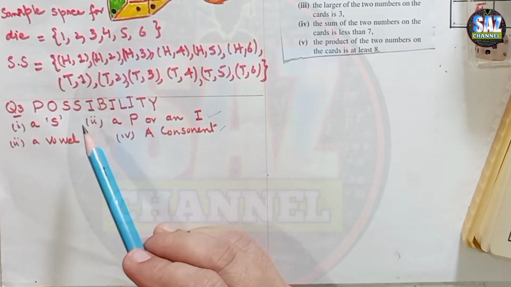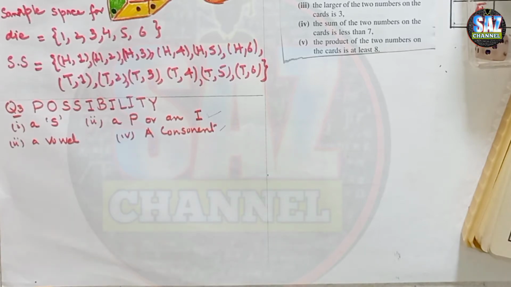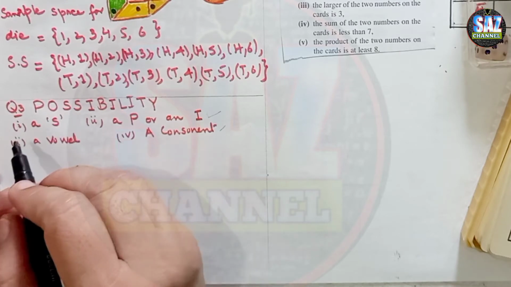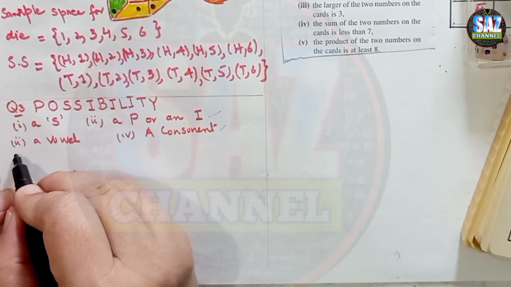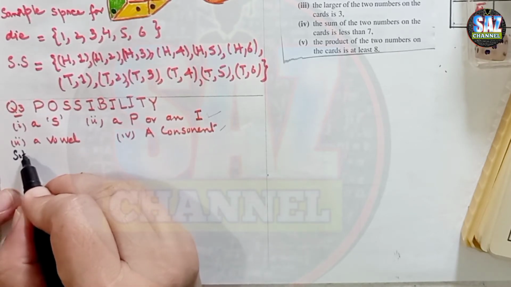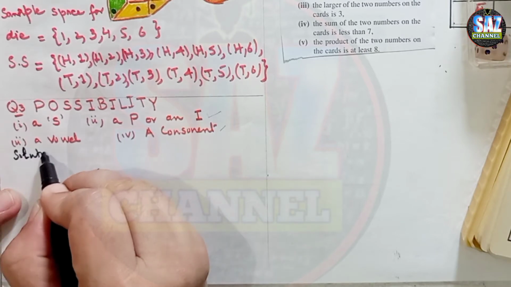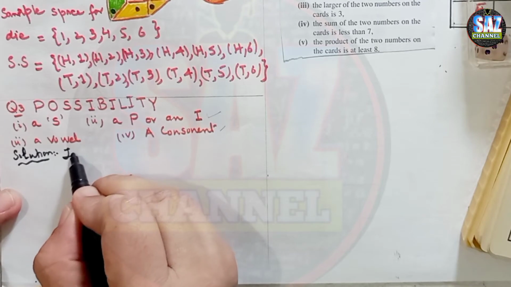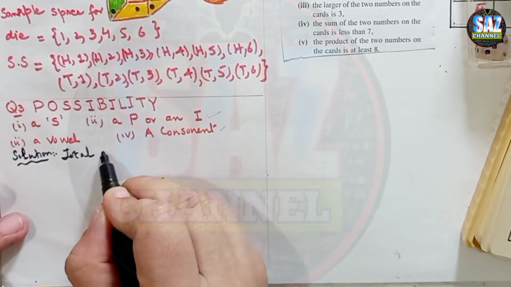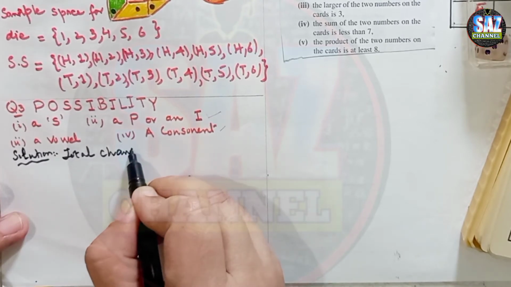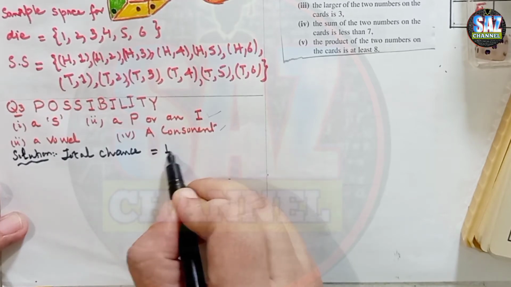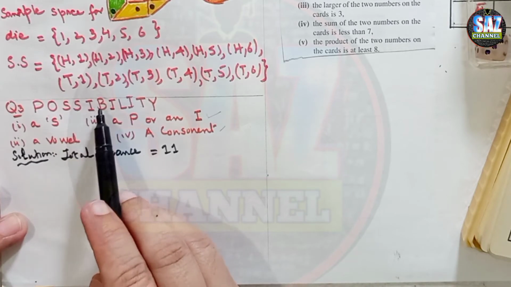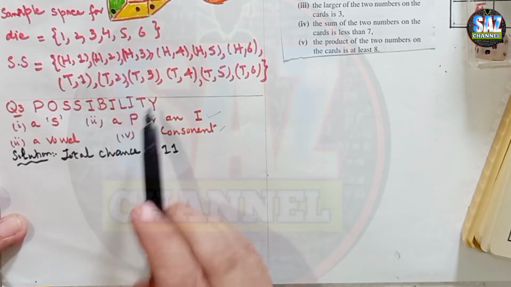In order to get the probability for S, total chances are 11.